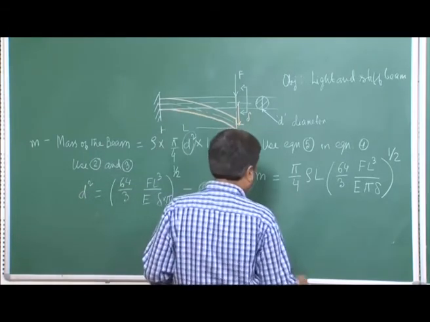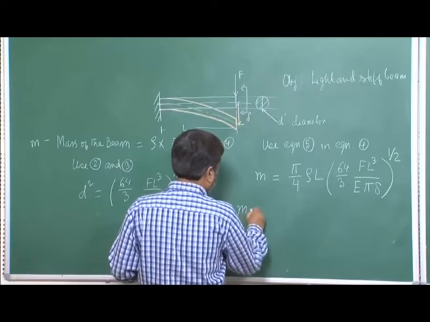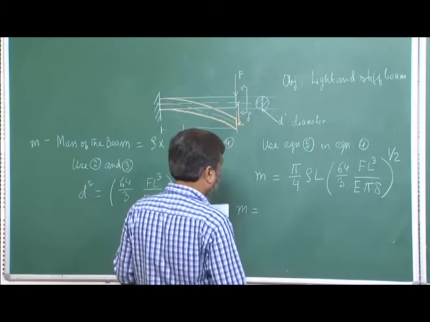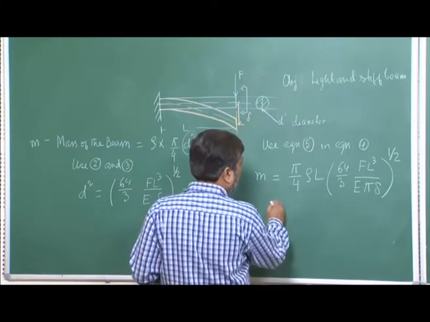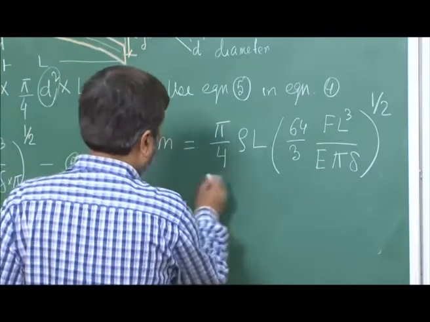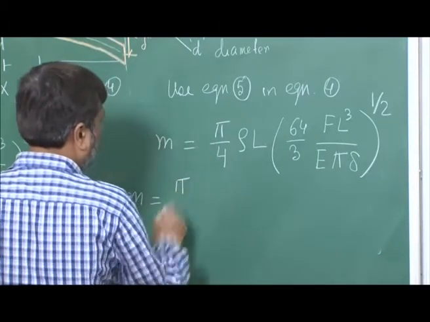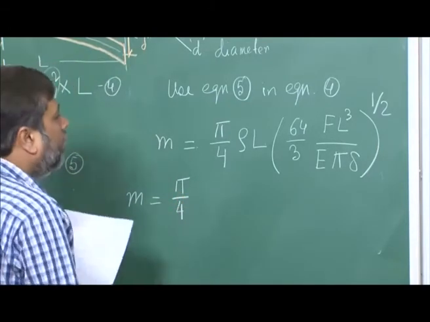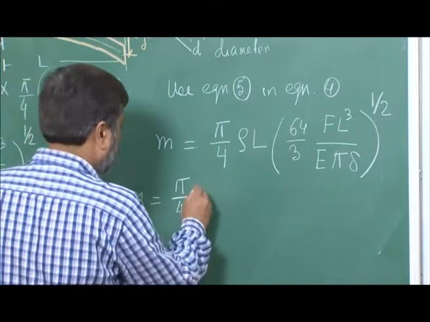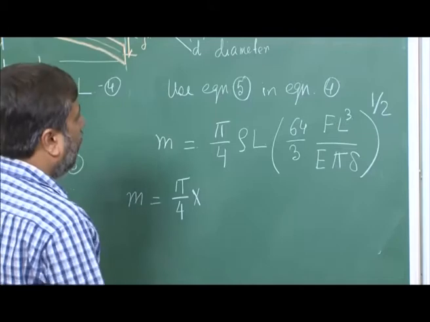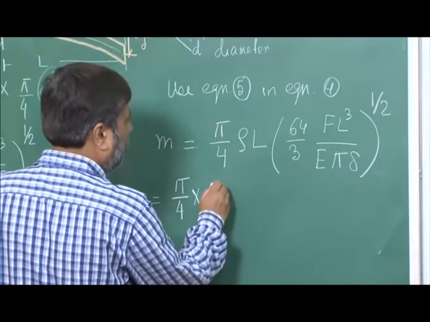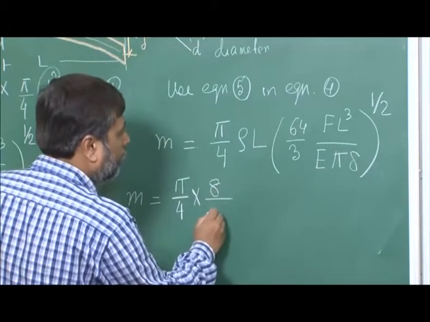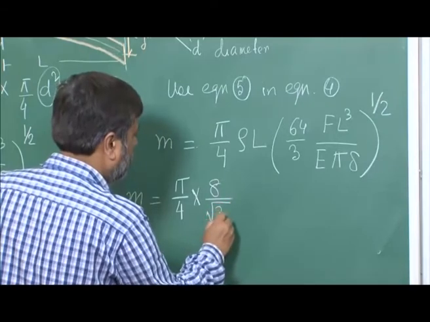So, let us now write down this mass in terms of some different parts. Let us have the constants first. That is pi by 4, that is one constant, times 8 over square root of 3 pi.